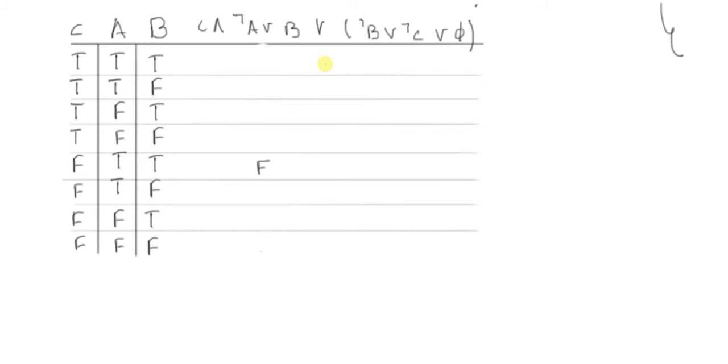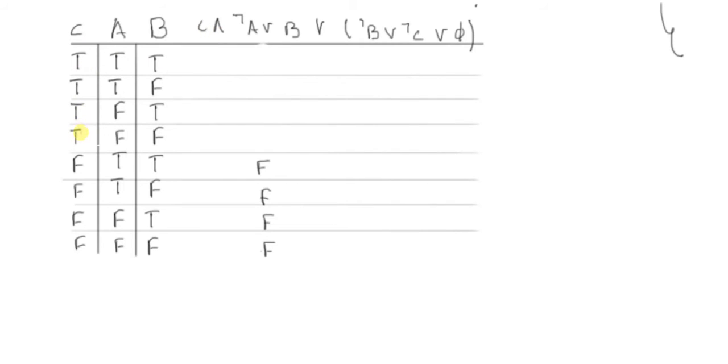tautology. So just notice that this is a disjunction. So if C is false here, because this first part we have an and statement, so all of the C's are false. And I drew C as the first column, just because you have 4 in a row, and it just makes it slightly easier.